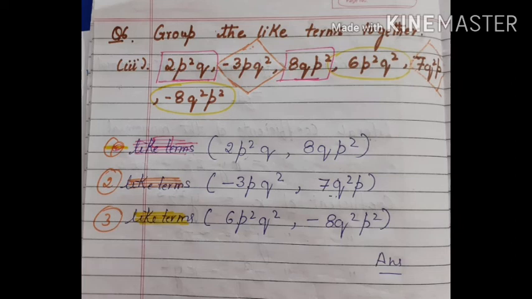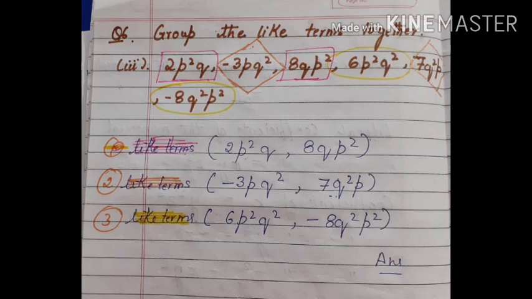So 2p square q and 8qp square, though written oppositely, like p square q and in 8 they have written qp square, the variables are of the same type. So 2p square q and 8qp square are your like terms. Then the second group is minus 3pq square and 7q square p. Can you notice, p square q and qp square, though they look different, are the same. So this is what you have to check in the given expression.